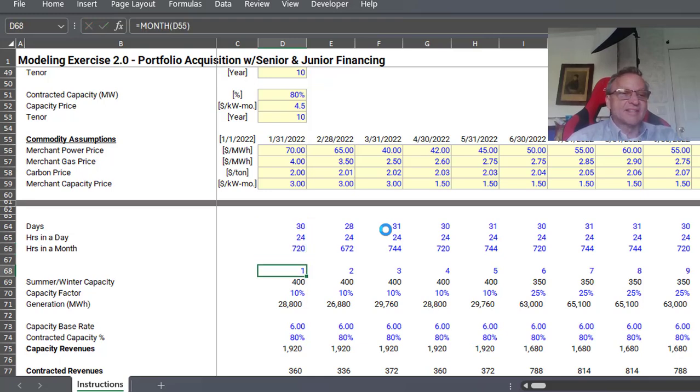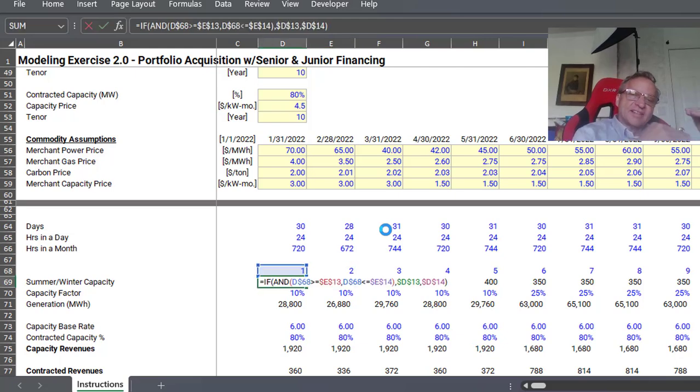Winter capacity. And then in here, instead of putting a flag for winter and summer capacity, there was a little AND statement here, which obviously I shouldn't say that. You would have to put in what month is winter, what month is summer, and then put a flag in.